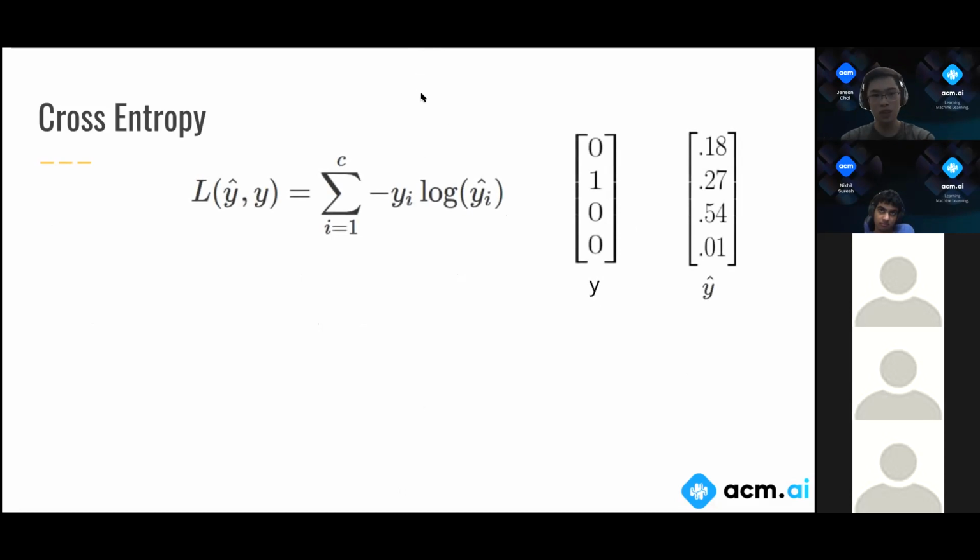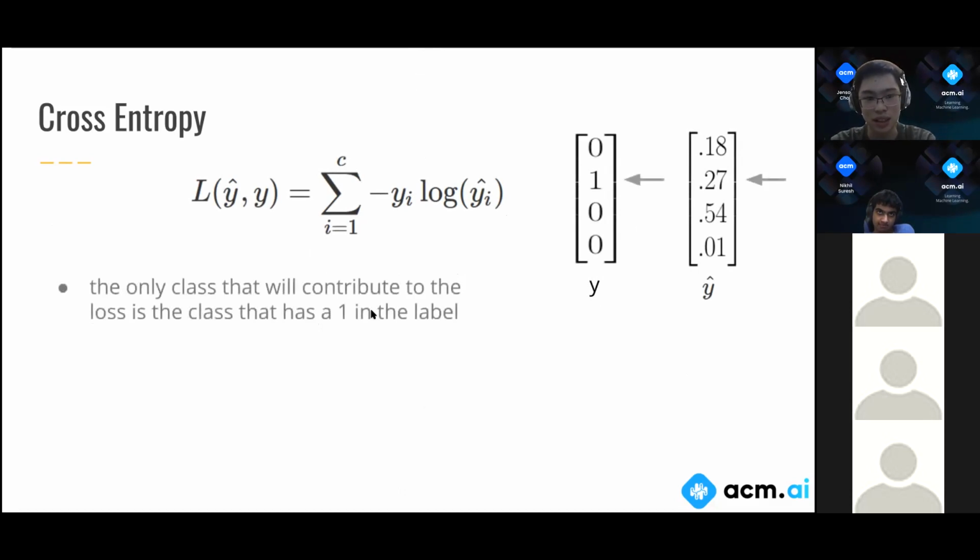So I guess the equation for cross-entropy looks something like this. It might look a little bit daunting, but let's unpack this. Recall, since we're using one-hot encoding, our label here is a bunch of zeros and ones.